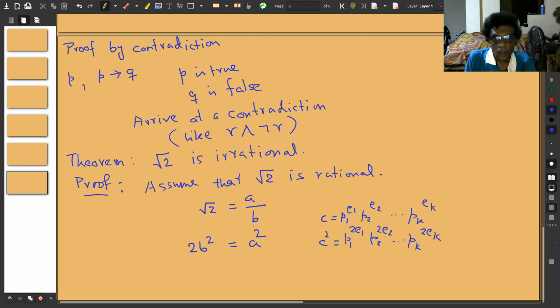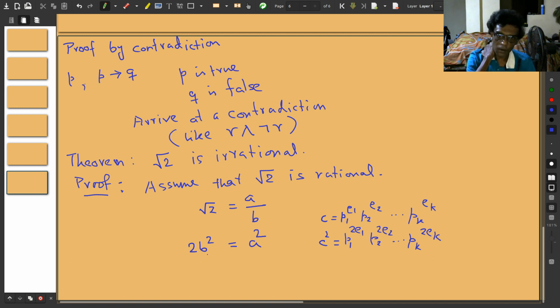Okay. So on this side, if I use this result, there is an even number of prime divisors occurring. B square also supplies an even number of prime divisors on this side. But 2 is a lone thing. So it says that this number on the one hand has an even number of prime divisors and an odd number of prime divisors.